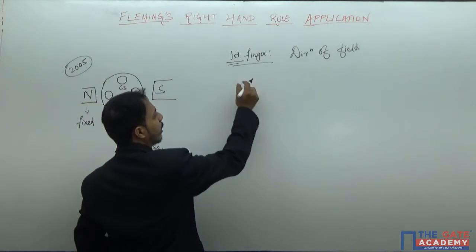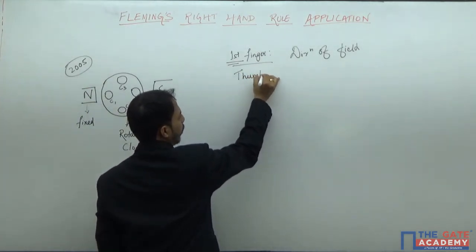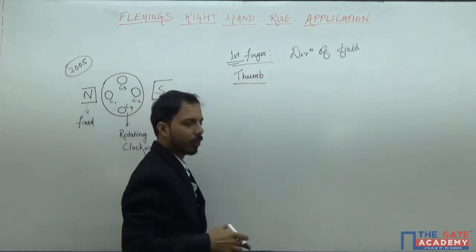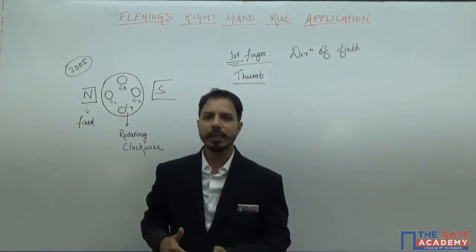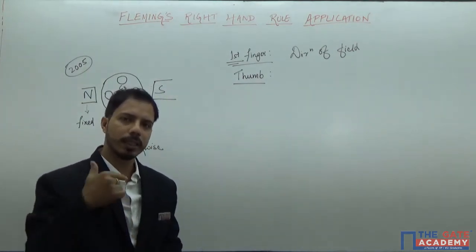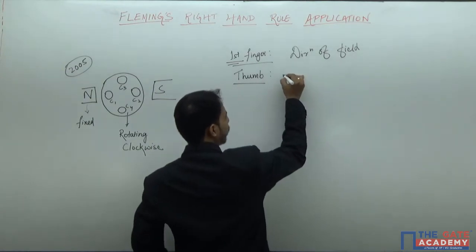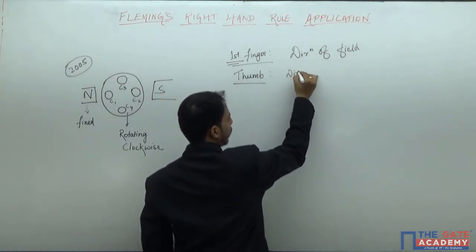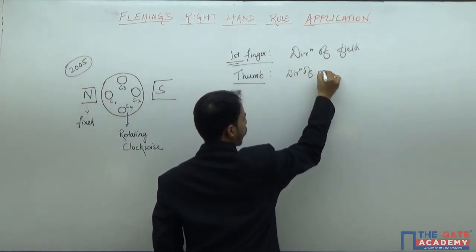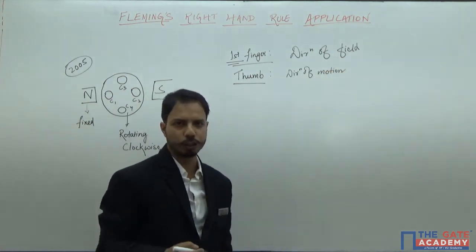The second one is the thumb. The thumb in Fleming's right hand rule gives the direction of motion of the conductors with respect to the field. I'll write it again: direction of motion, or sometimes we call it direction of force also.